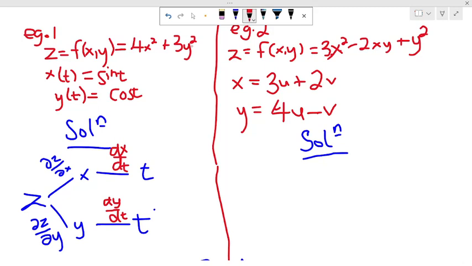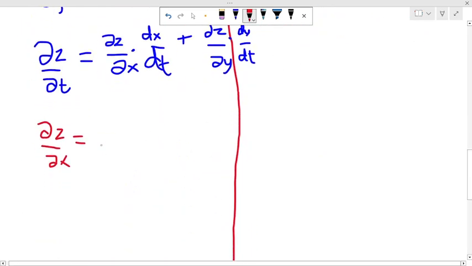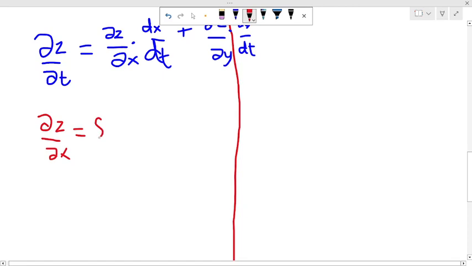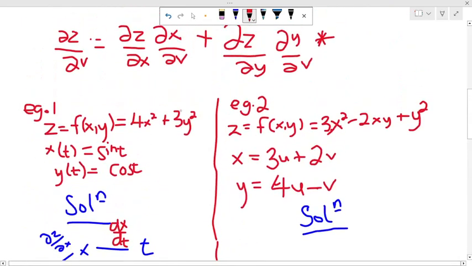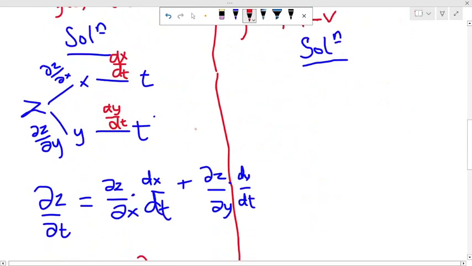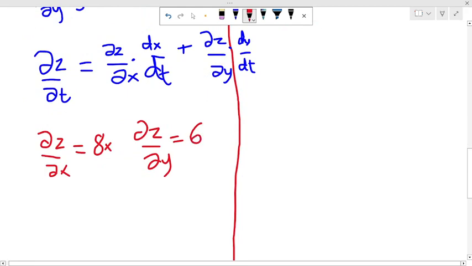That means our y becomes constant because we are not differentiating with respect to y. So therefore, differentiating with respect to x, we are going to end up getting 8x. Now similarly, the partial differential of z with respect to y, making x constant, the first term disappears, leaving the second term, ending up in 6y.